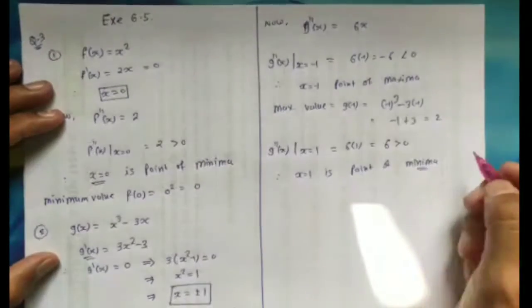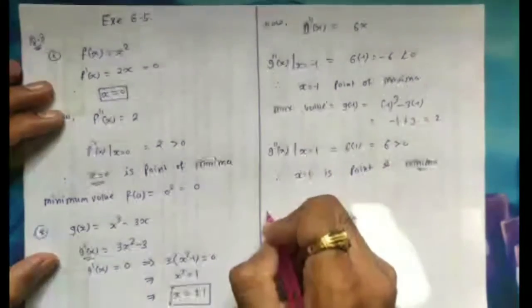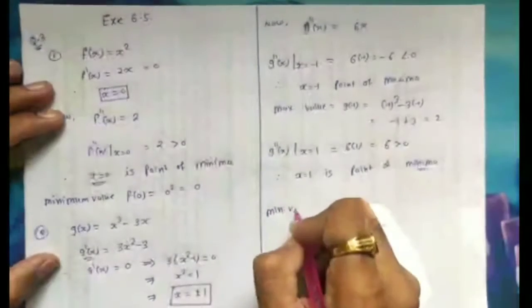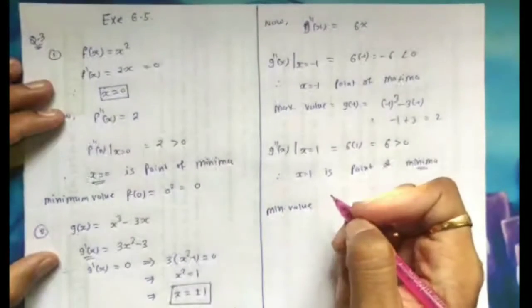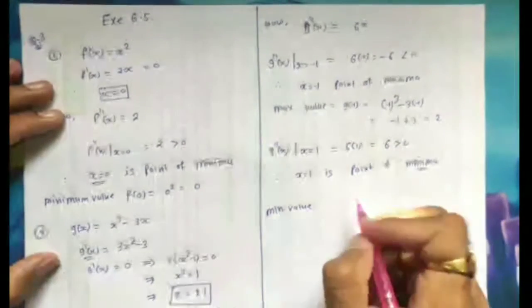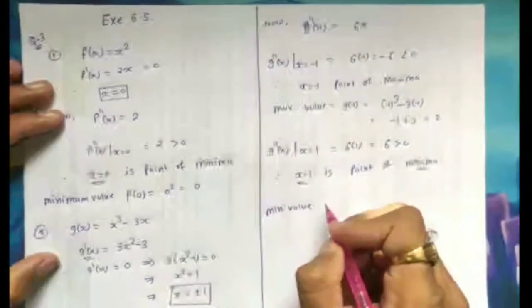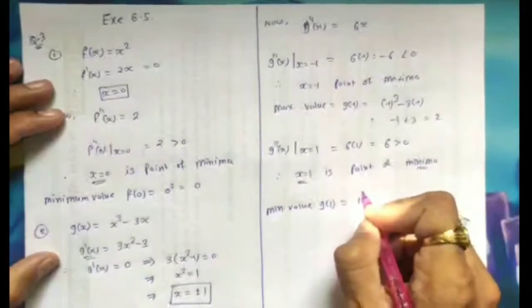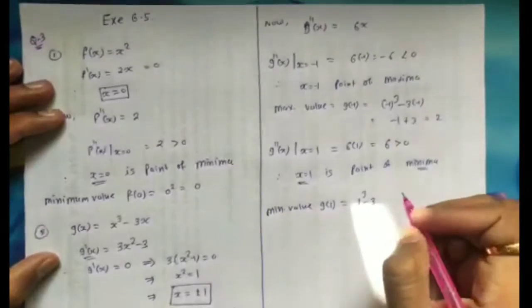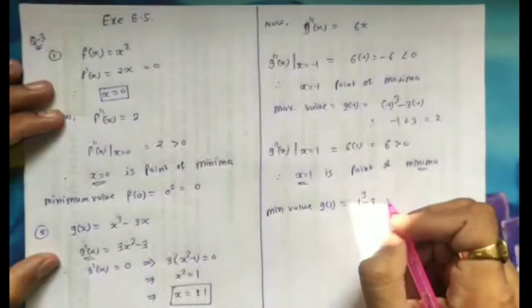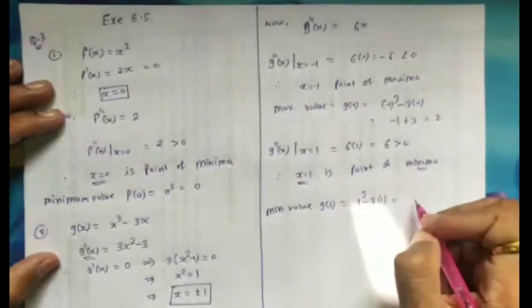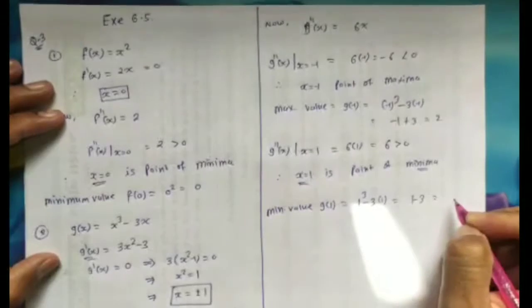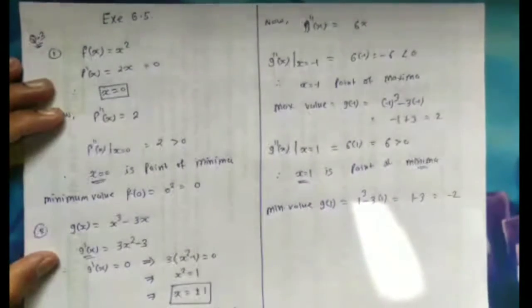This is a local minima, so we are getting the local minimum value, which is equal to the value of the function at x equal to 1. So g of 1 is 1 cube minus 3 into 1, so 1 minus 3, it's minus 2.